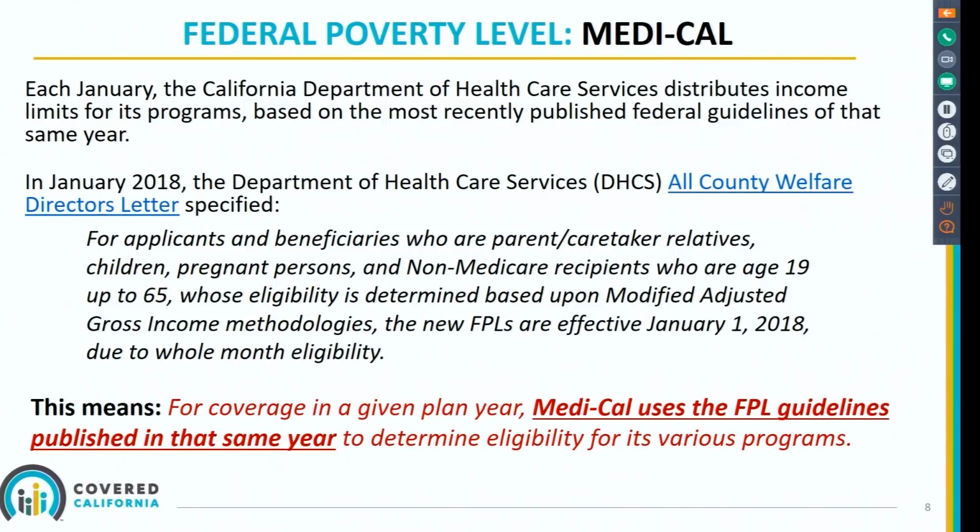Each January, the California Department of Healthcare Services distributes income limits based on the most recently published federal guidelines of that same year.